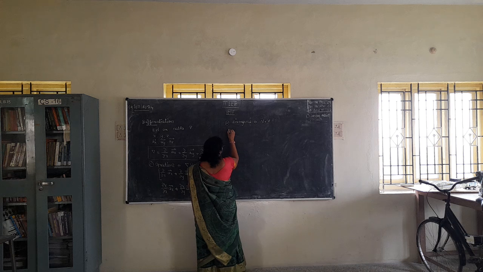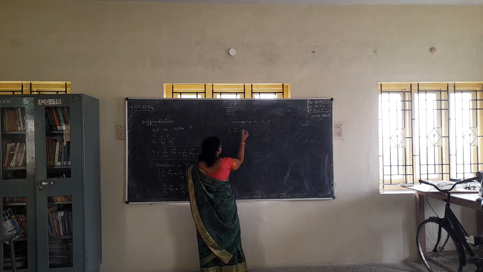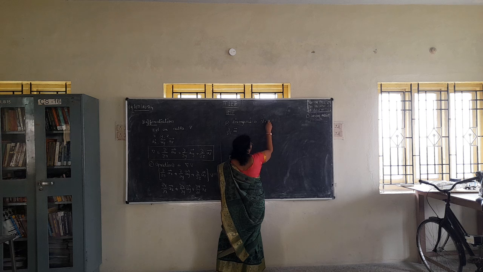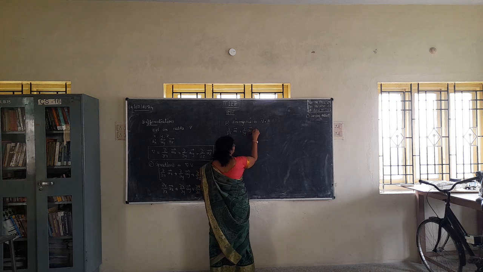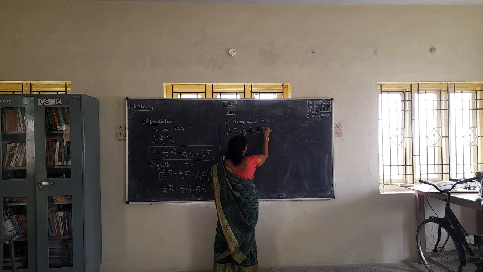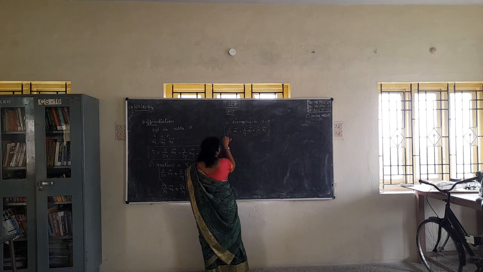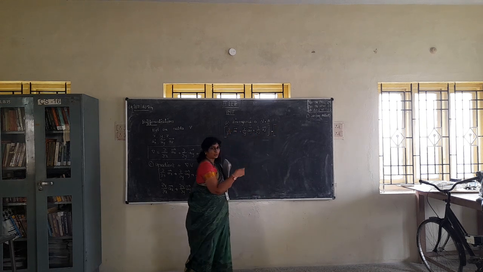So del value is dou by dou x ax vector, taking a vector, plus dou by dou y ay vector plus dou by dou z az vector, dot a is also a vector.